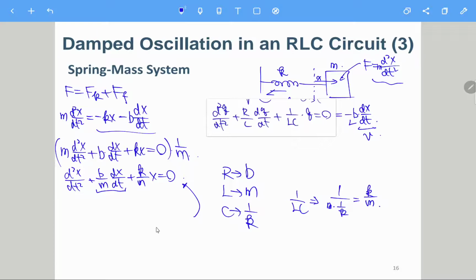Or maybe I can just write it here: plus R over L dQ dt plus 1 over LC Q equals 0.